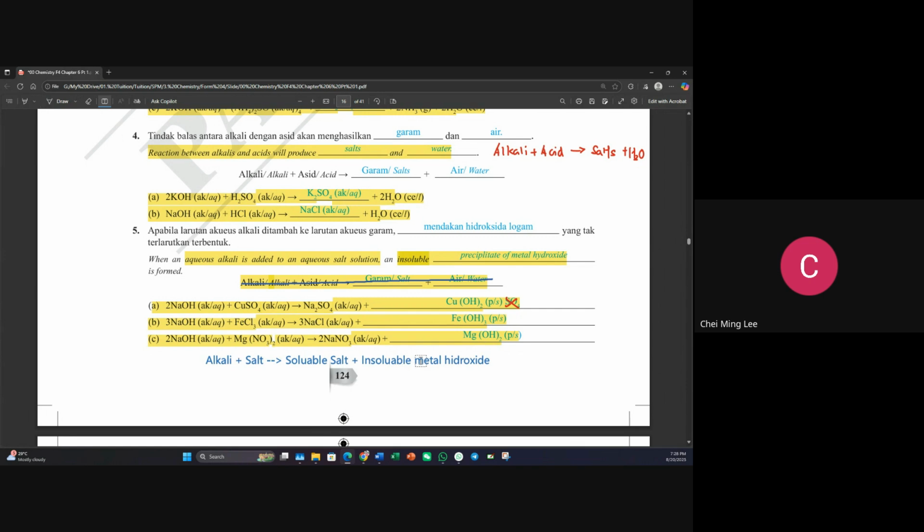So this is the general formula. Jot this down, this one only.